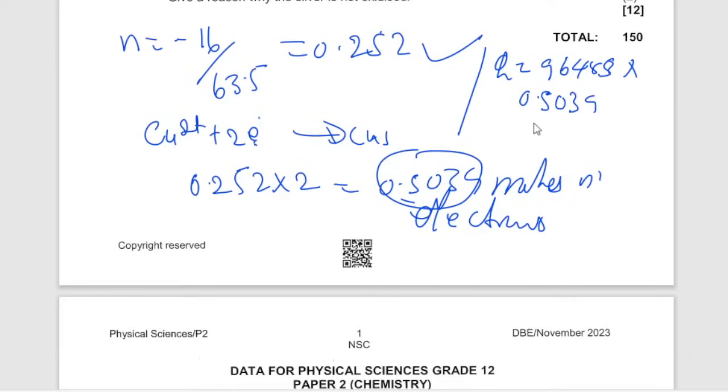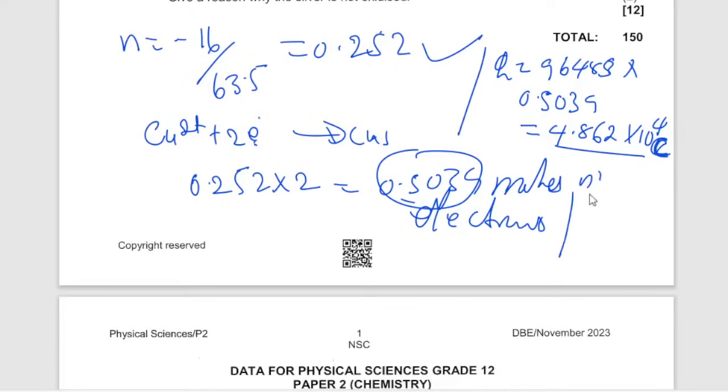So the charge here is going to be equal to 4.862 times 10 power 4, and this charge is measured in coulombs. After finding the charge in coulombs, it's easy.